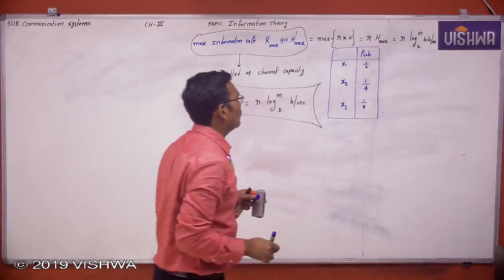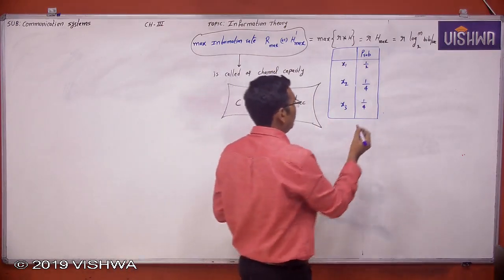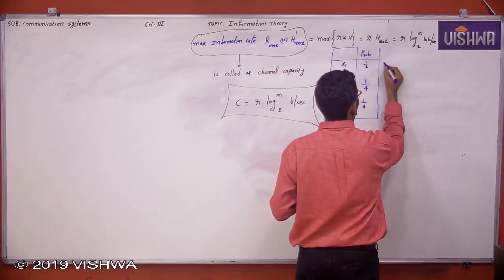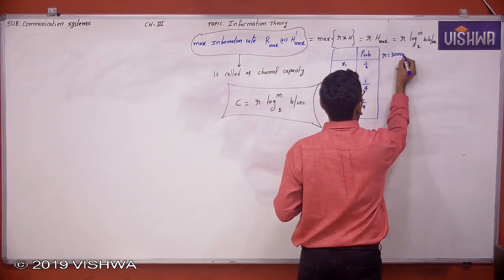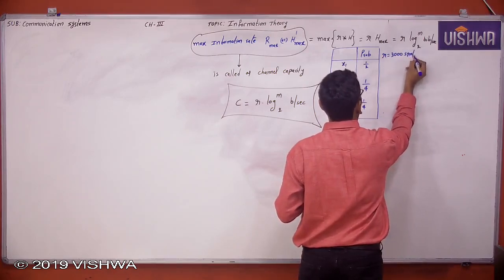Now he is asking to determine the entropy. The symbol rate is also given, which is 3000 symbols per second.